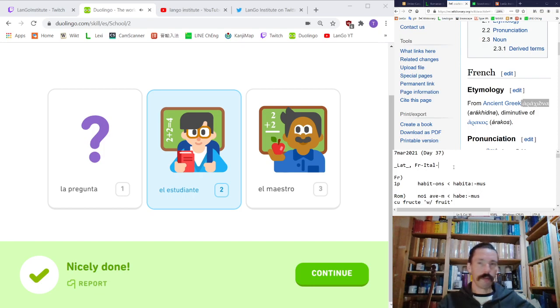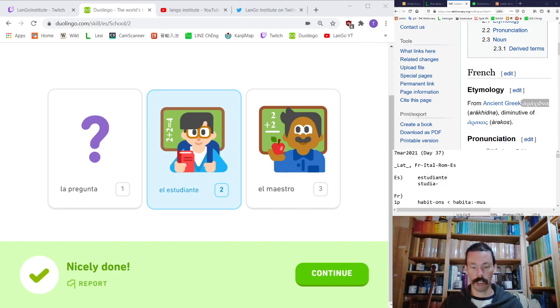So for the form of that one, es español. Estudiante. We can trace Spanish back pretty easily to Latin directly. Estudiante comes from studio. Originally it was studere with the final letter E.